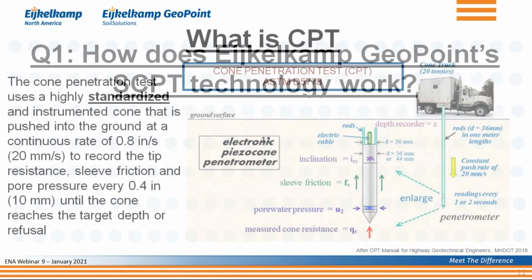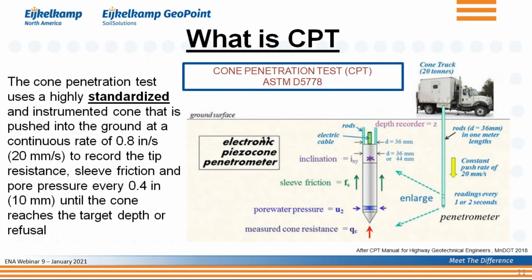Okay, let's start with a picture that you've seen many times before, and that is CPT in itself, where we push a cone into the ground. Those of you that have attended this webinar series before have heard it many times.